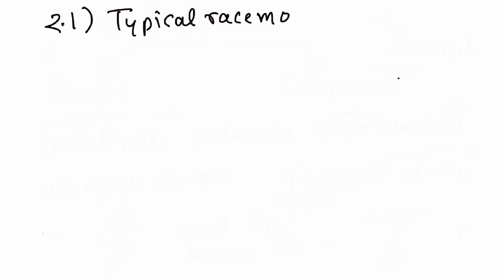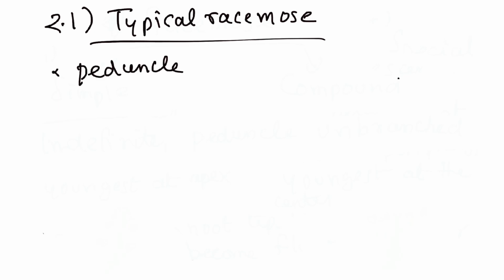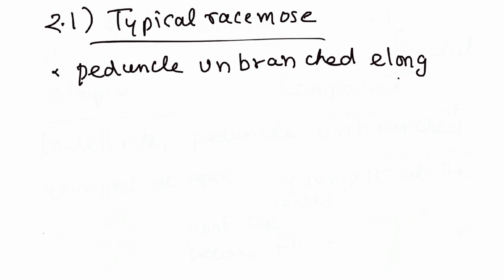Typical racemose, the key points are that the peduncle is unbranched and elongated. The flowers are stalked or pedicellate. And note the point that here the flowers are not developing directly on the inflorescence axis.